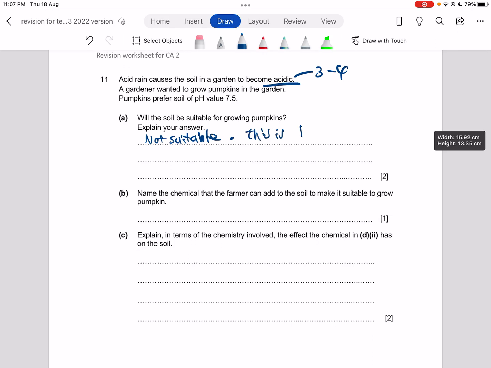This is because the soil is acidic, while pumpkin requires a weakly alkaline soil.